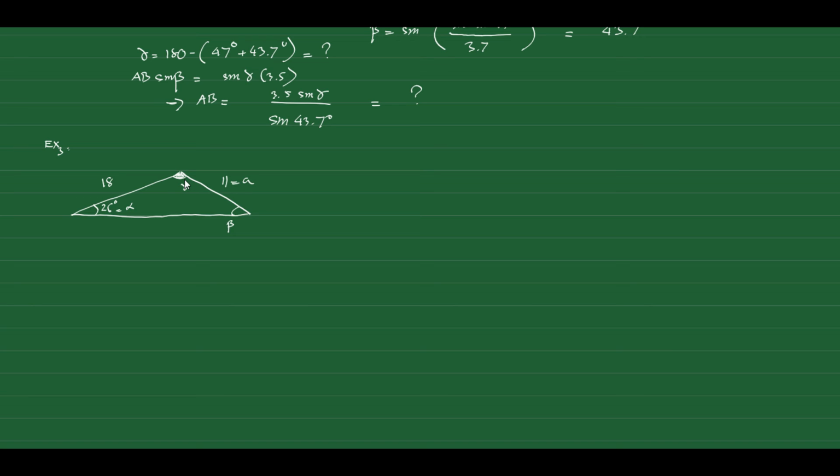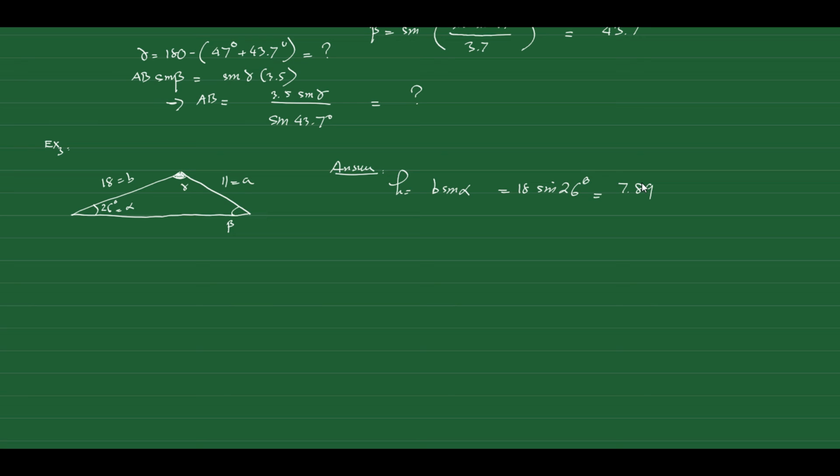Because we know this is the second case, we have to calculate the h value. The h value will be b sine alpha. B in this case will be the adjacent one, so b over here is 18. 18 sine of 26, and you calculate this, it gives you 7.89.